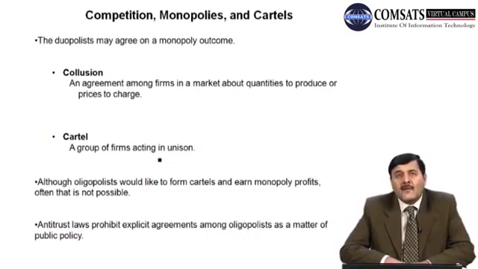And why is it not possible? Because there are antitrust laws that prohibit the agreements as well as the cartels which can prevail among the oligopolistic firms. And this is a matter of the government, a matter of public policy, right?